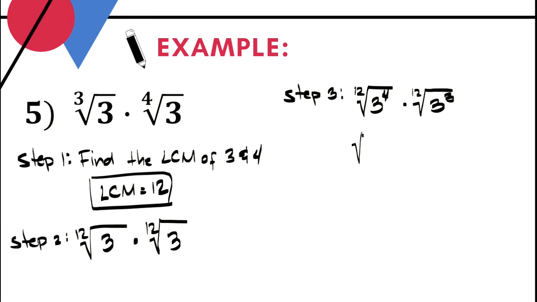Simplify, we have 12th root of 3 raised to 4 is 81, multiplied to 12th root of 3 raised to 3 is 27.